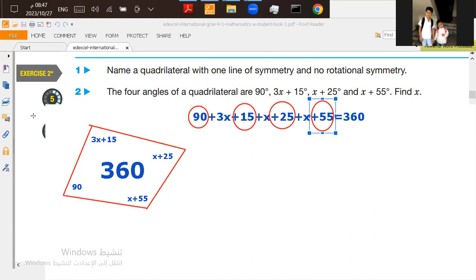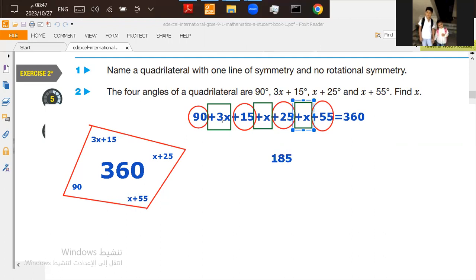Now for the numbers I'm going to add them so I'll know the value. 90 plus 15 plus 25 plus 55 gives me 185. Now let's look at the x terms: I have 3x here, 1x here and 1x here.